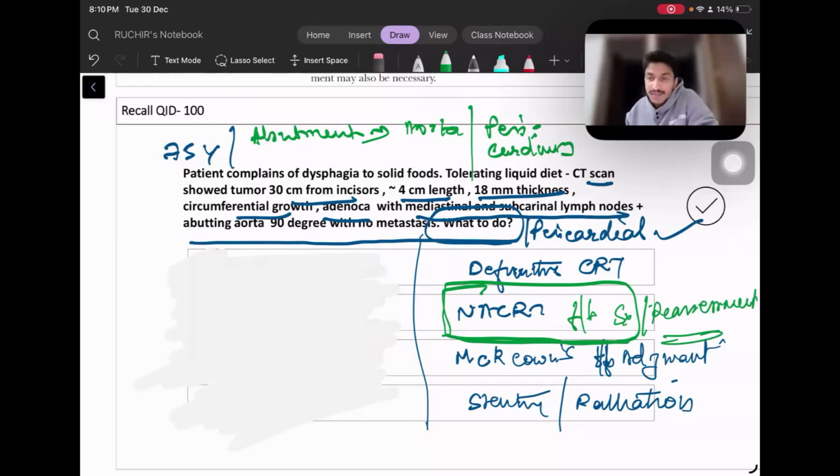Some are telling abutment, some are telling involvement, some are telling surgery, some are telling reassessment. But very clearly, if involvement, it is inoperable or locally advanced, basically you go for the neoadjuvant chemoradiation therapy, reassess. If it is not resectable after that, you go for definitive. If it is resectable, you go for surgery.